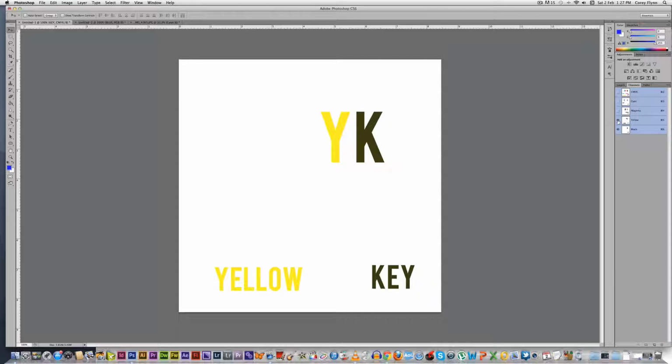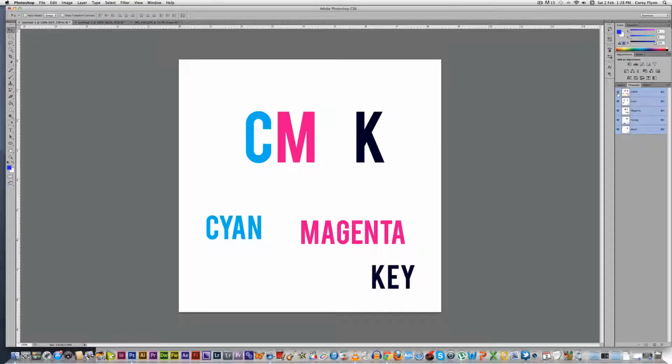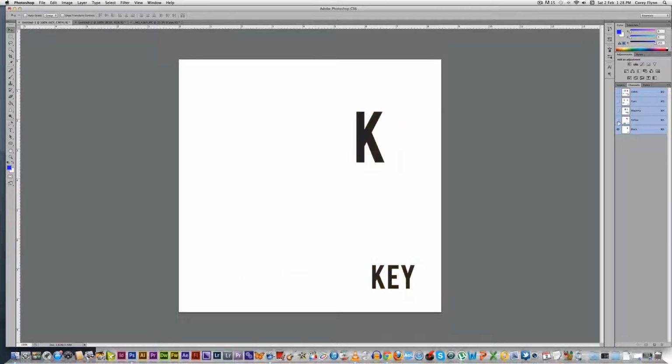If I was to put yellow in, it would leave me with the yellow. Now, the reason it's key is because key is not fully black. Key is made up from the rest, but key is already a mixture, as I understand, I don't really know.